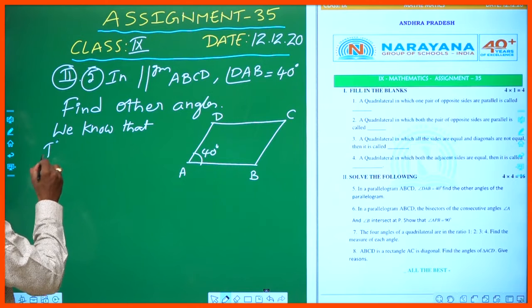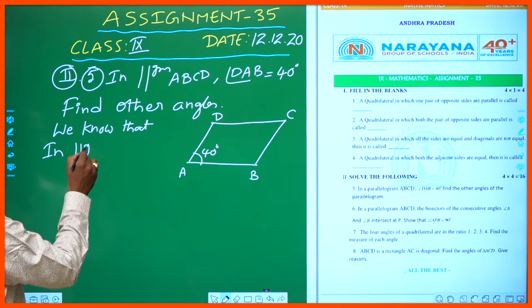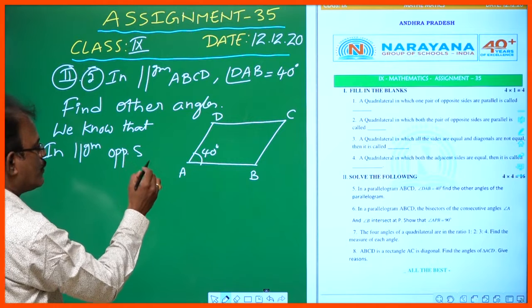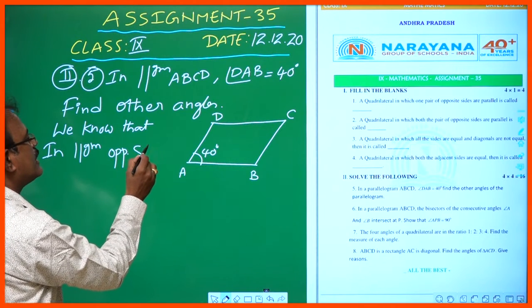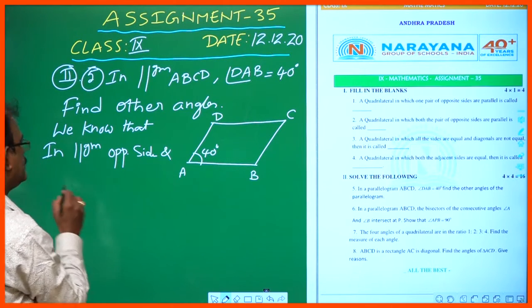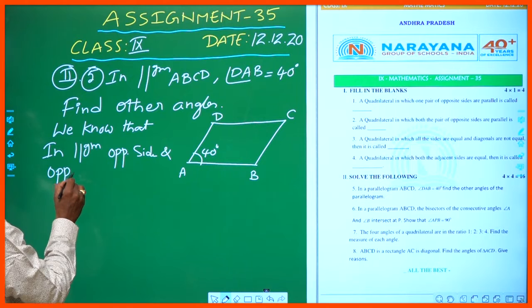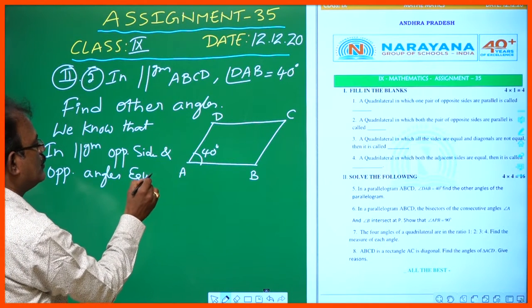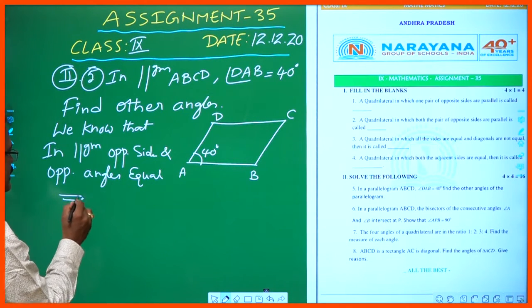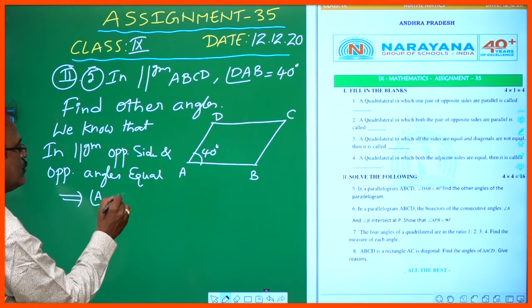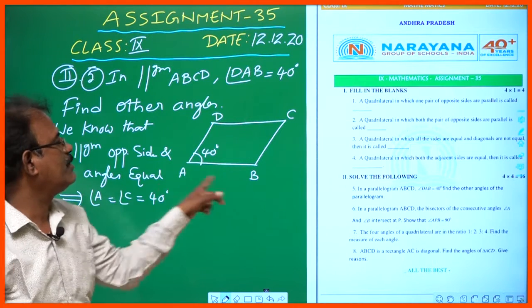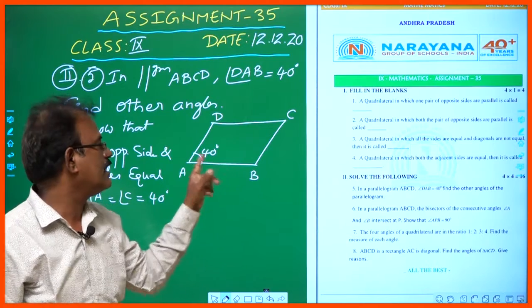in a parallelogram opposite sides and opposite angles are equal. So from that we can say angle A is equal to angle C is equal to 40 degrees. Angle DAB means it's nothing but angle A, children.